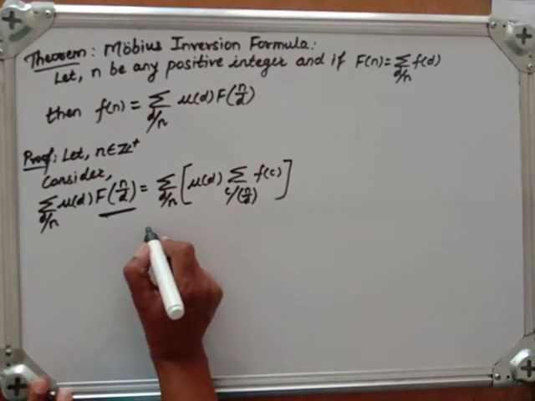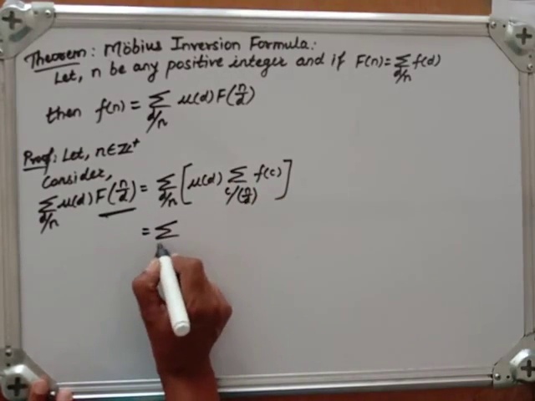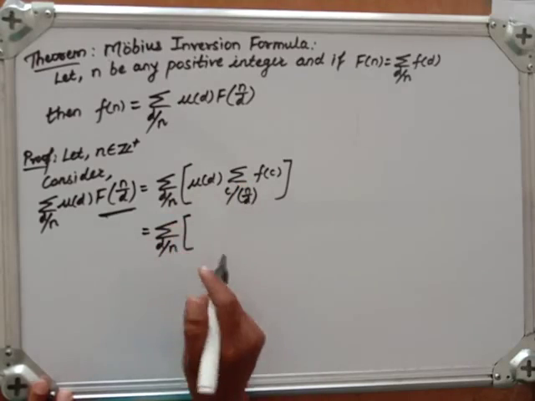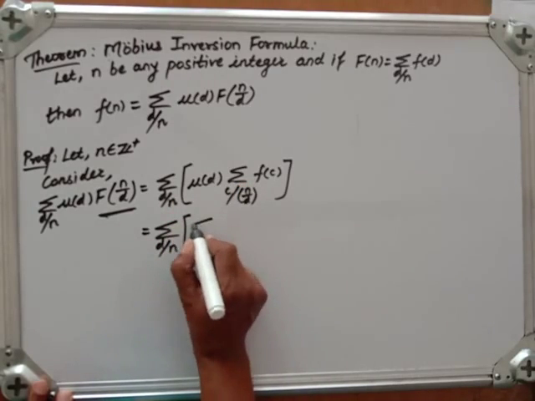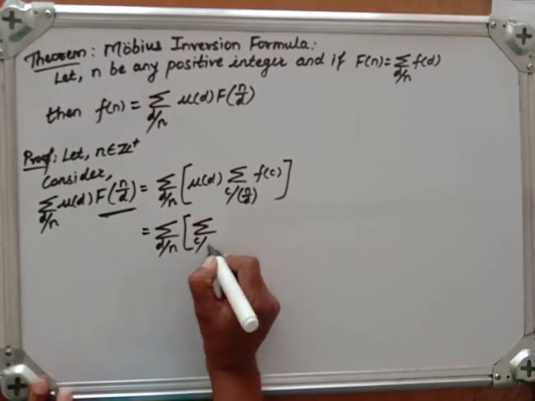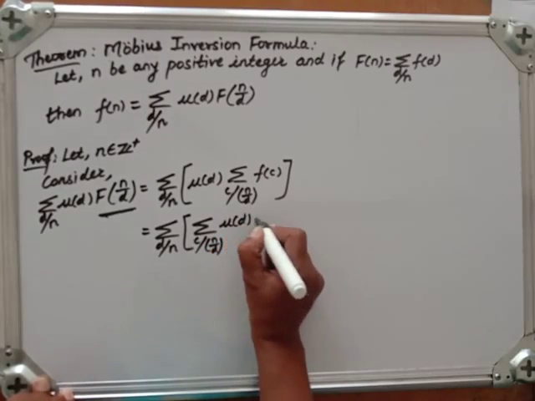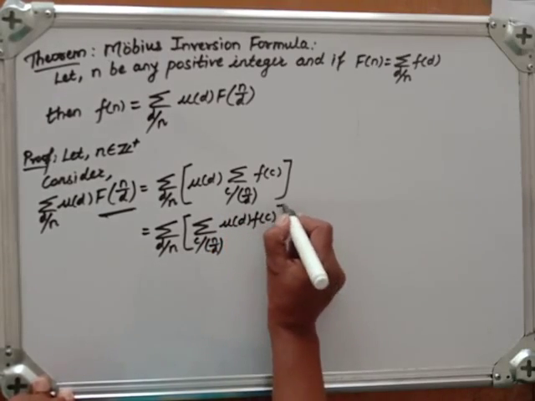That is the same as the summation over d dividing n, and this summation we can take before, the summation over c dividing n/d, of mu(d) into f(c).